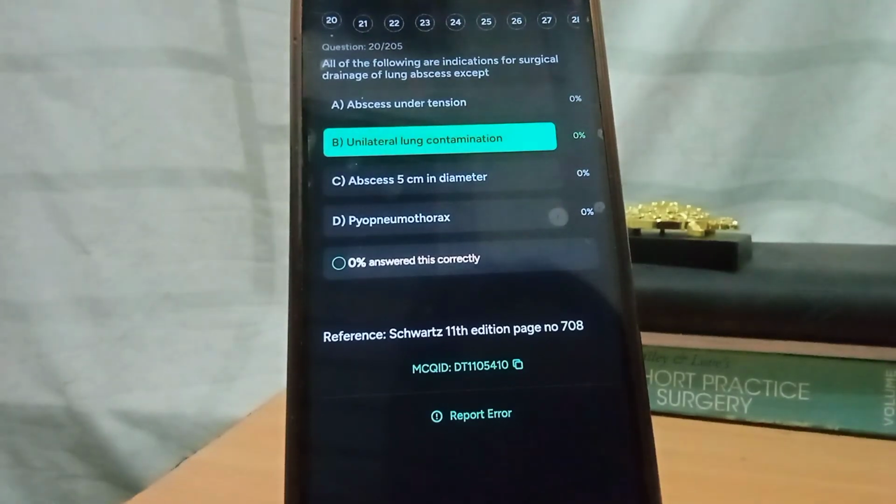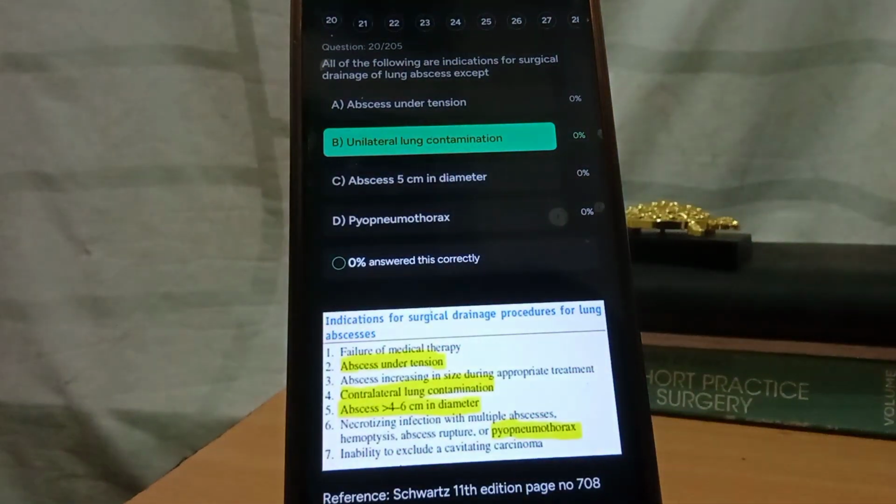Now, all of the following are indications for surgical drainage of lung abscess except.